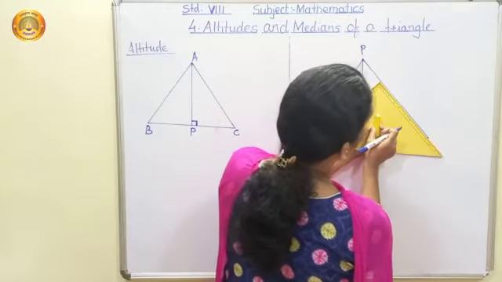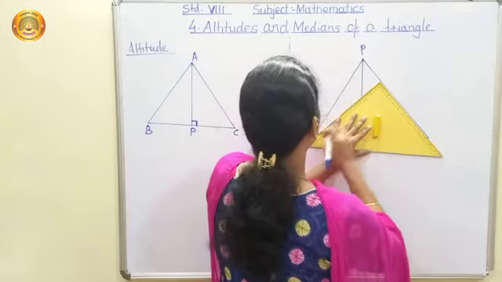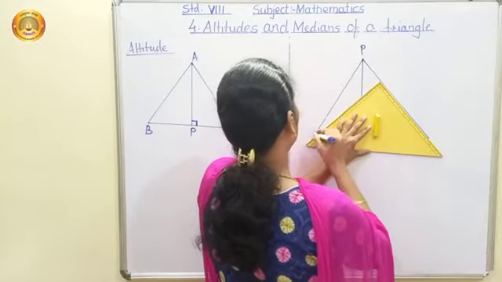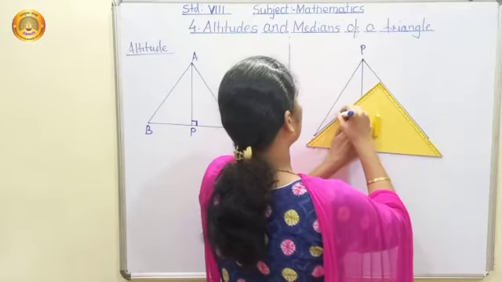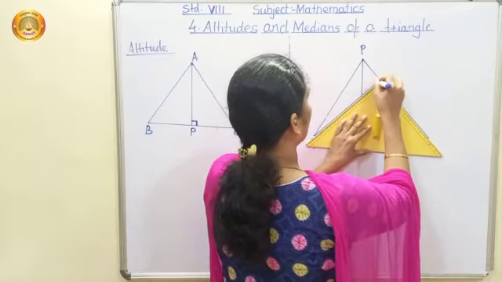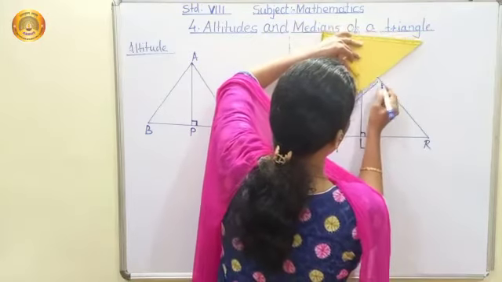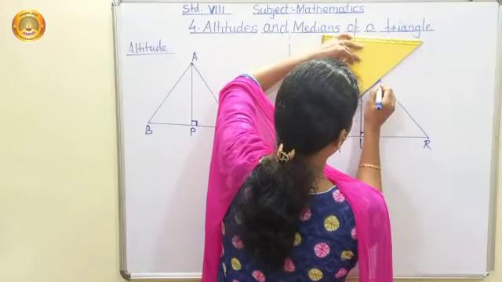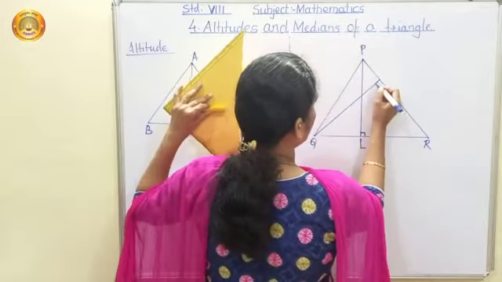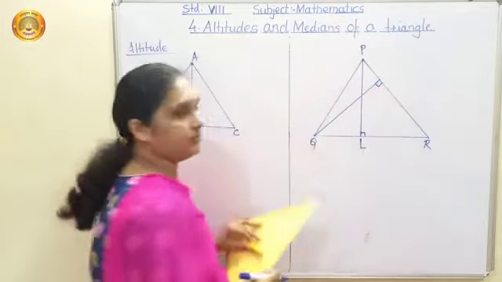See now, exactly matching this side and exactly matching this also to Q. And now I'll draw. And perfectly join here. This is the perpendicular.